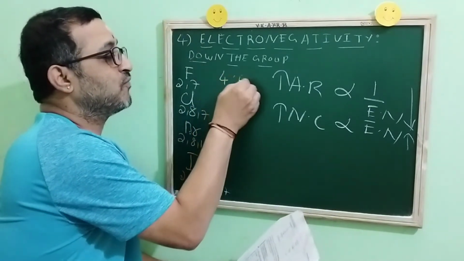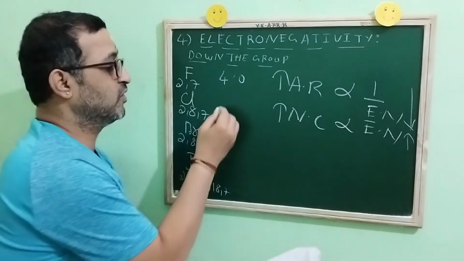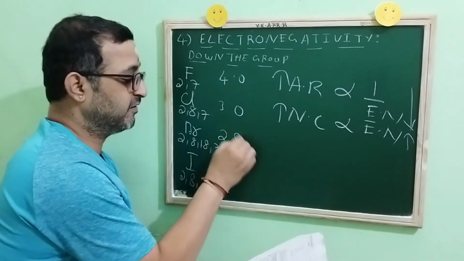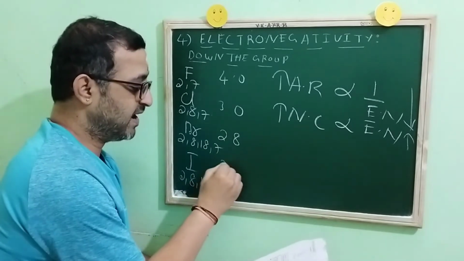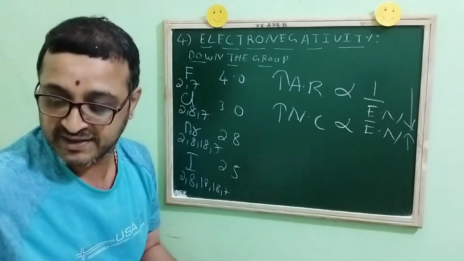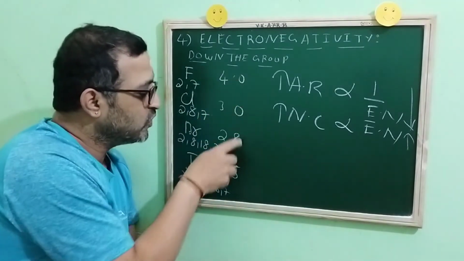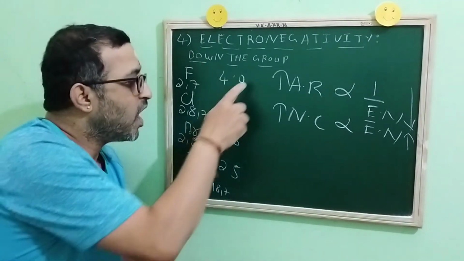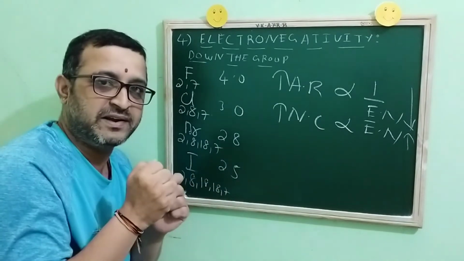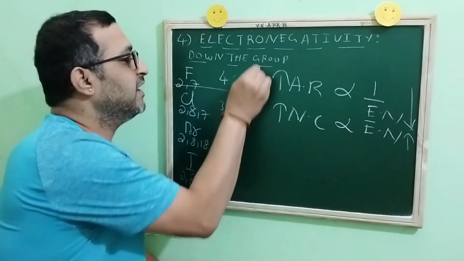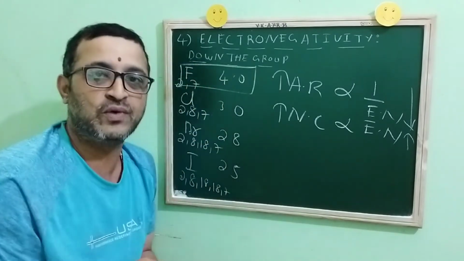The electronegativity of fluorine is 4.0, chlorine is 3.0, bromine is 2.8 and iodine is 2.5. Now, these values clearly suggest that out of these four elements, the one with the maximum electronegativity is which one, children? Fluorine.